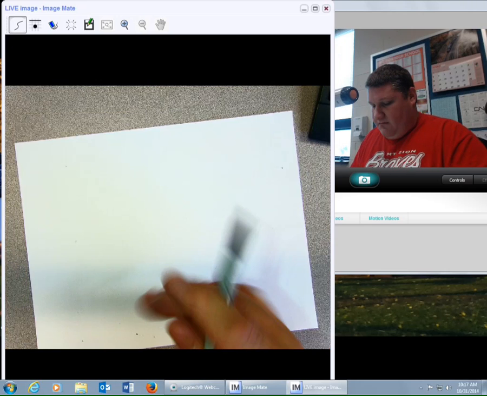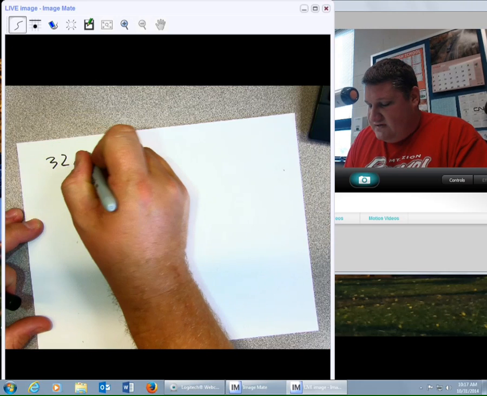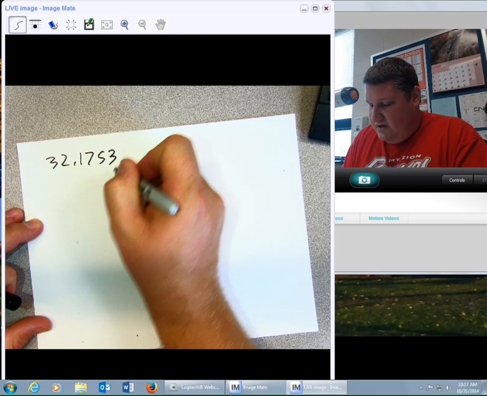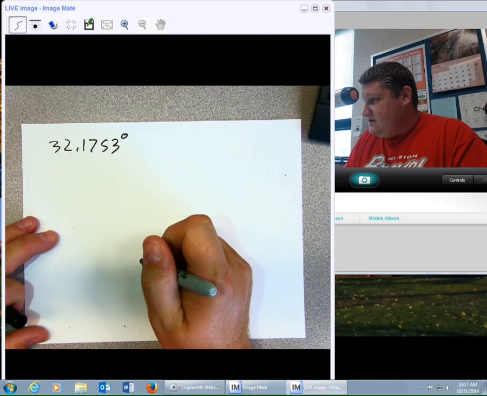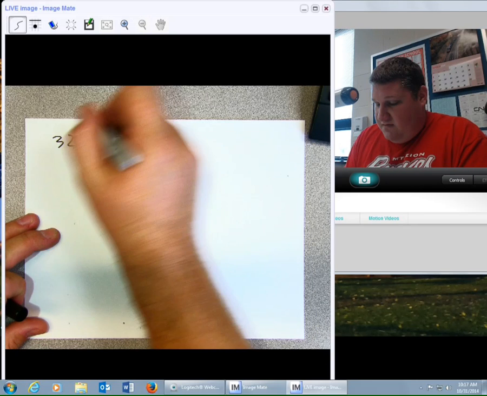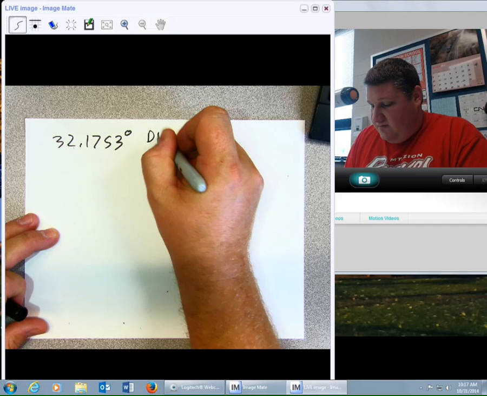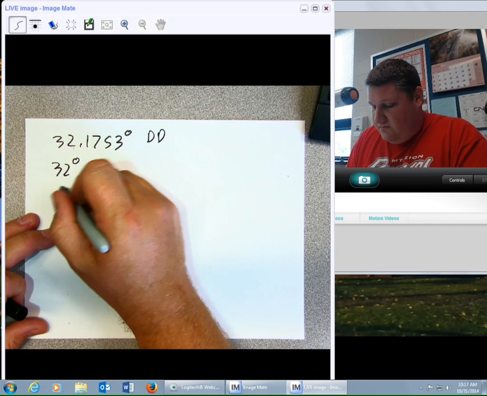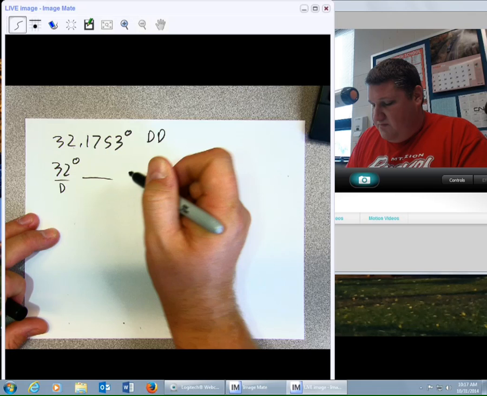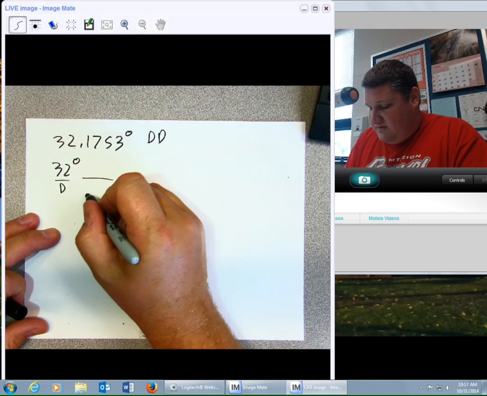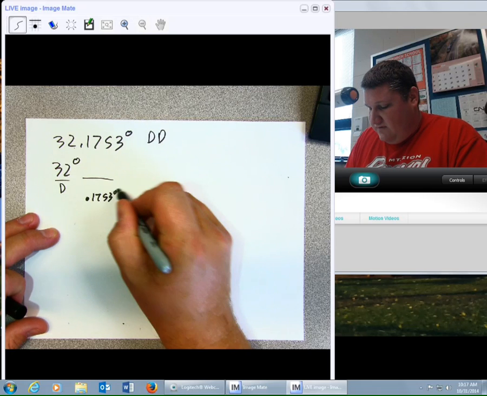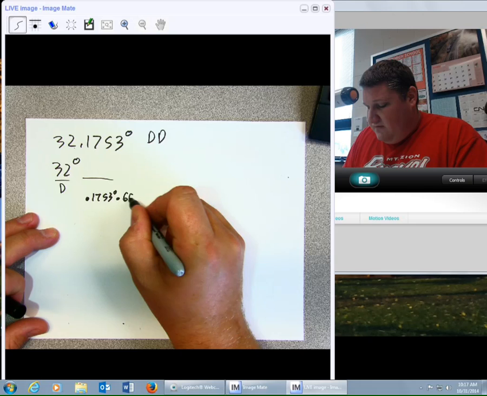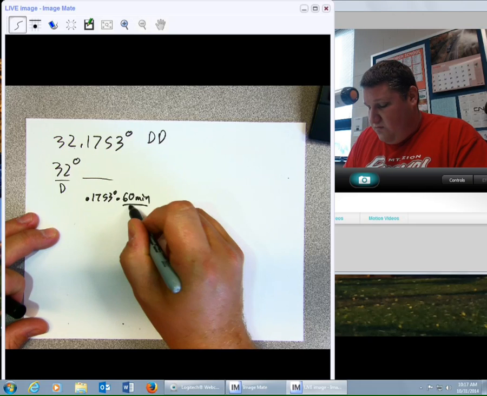If I have 32.1753 degrees, I want to change that to degrees, minutes, seconds. Well, that's from decimal degrees. Now I want to go 32 degrees, followed by, I'm going to take 0.1753. That's in degrees. I need to multiply it by 60 minutes over 1 degree.